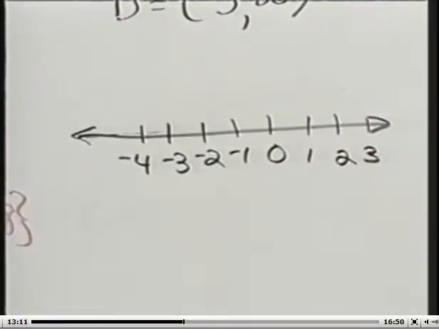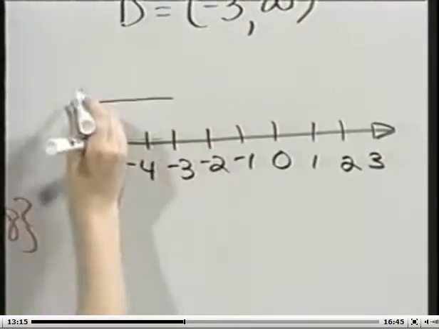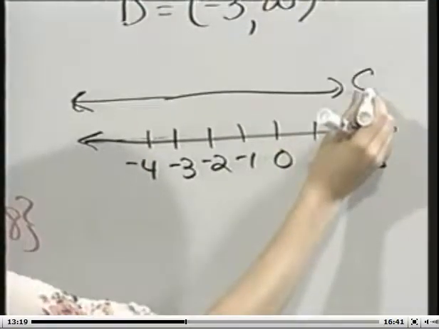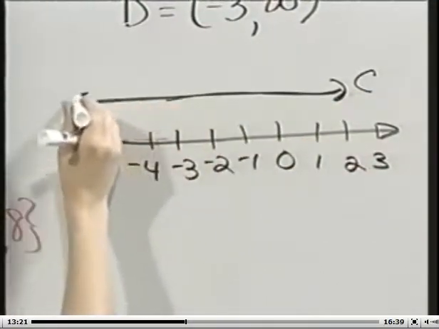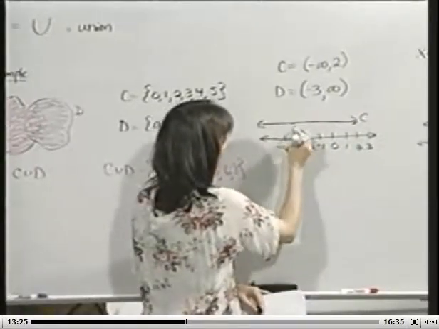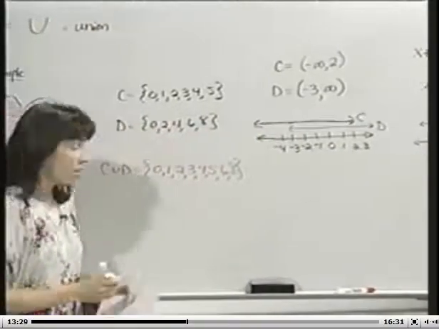And we were looking at the two sets. C is negative infinity to 2. This was set C. And D was -3 to infinity. This is set D. And I want the union.